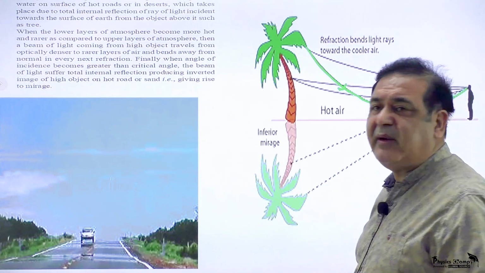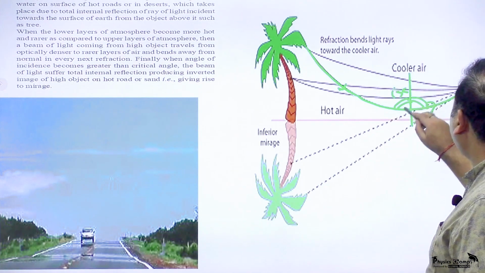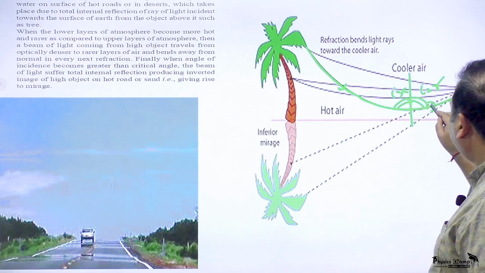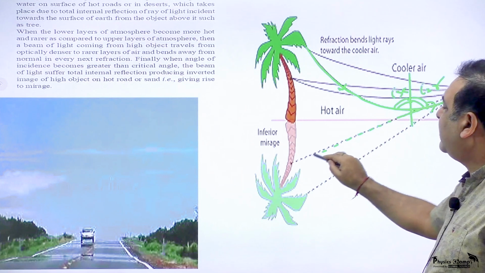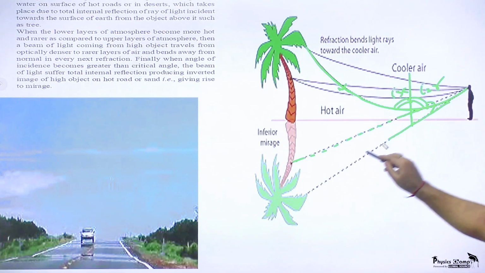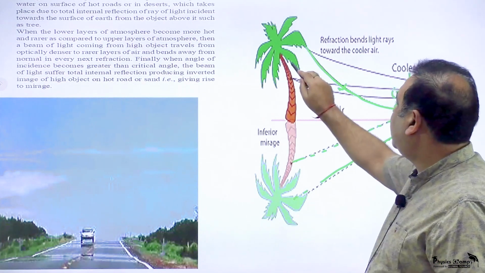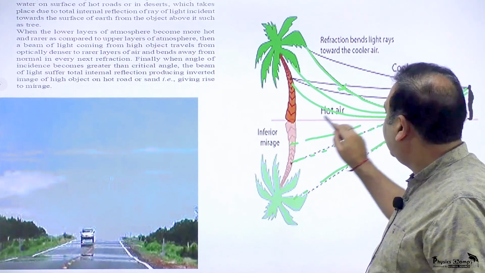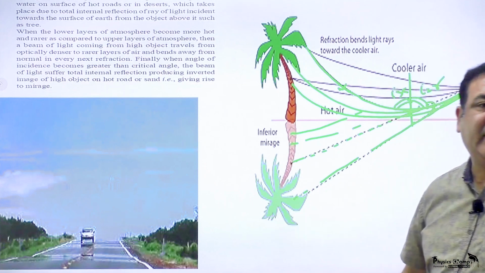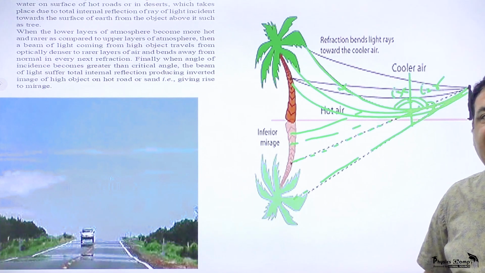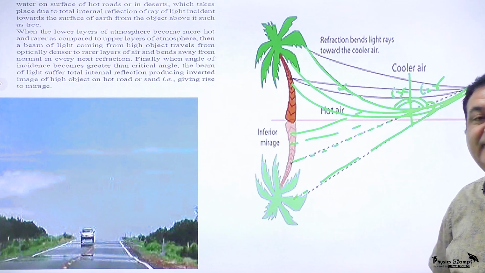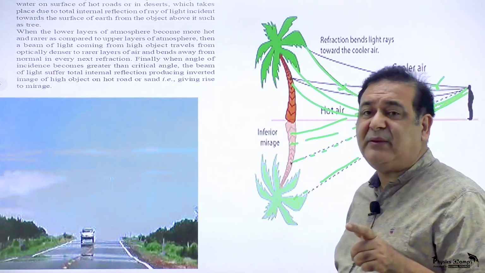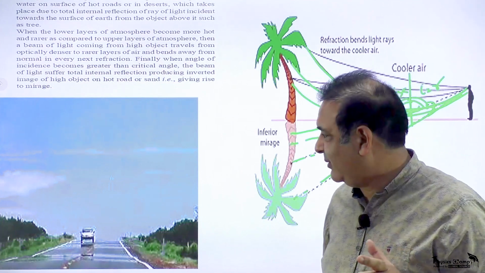Angle of incidence is greater than critical angle, and thus there is a total reflection. And that's why the person observes as though the ray is coming from somewhere here or from somewhere here. So every part of this tree will have its own ray reaching the person, and thus will have its own virtual image under the surface of that sand or road. So the basic idea is that the reason behind mirage is total internal reflection.